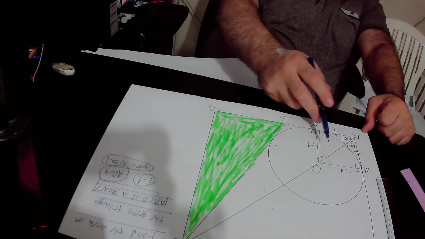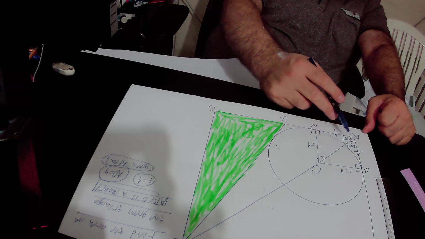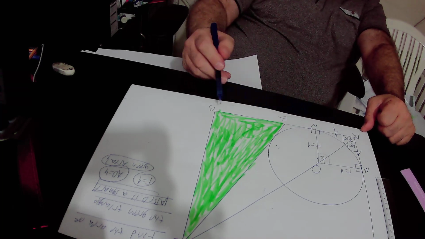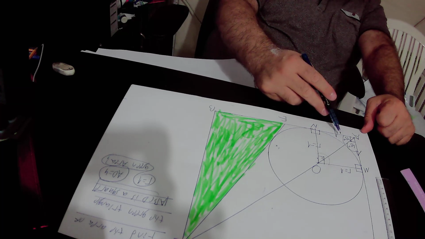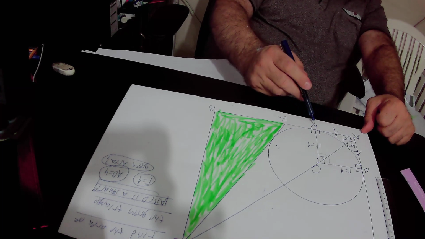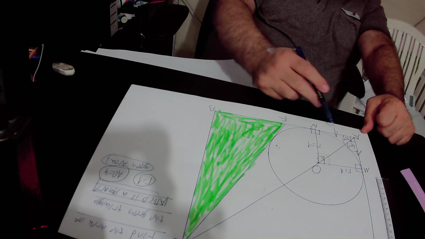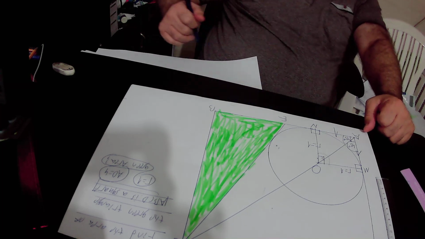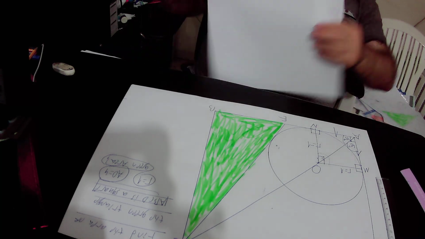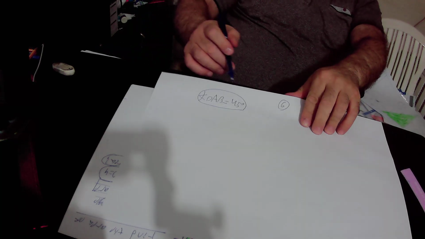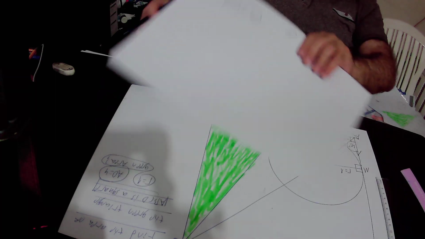It's exactly the same thing to say that angle OAB equals 45 degrees or angle OAN equals 45 degrees. Okay, so I wrote down that angle OAB equals 45 degrees.